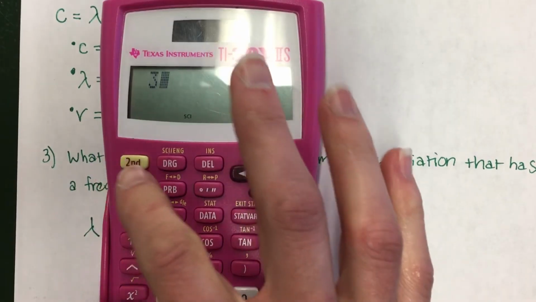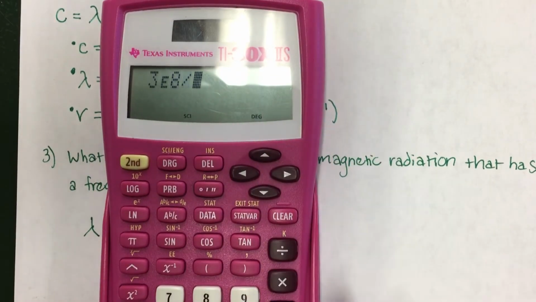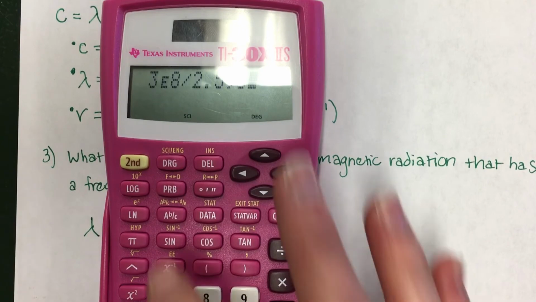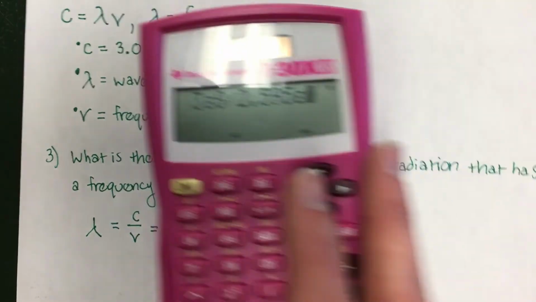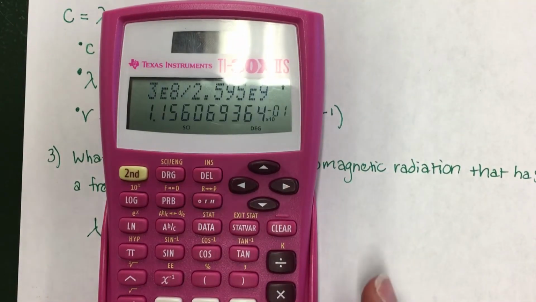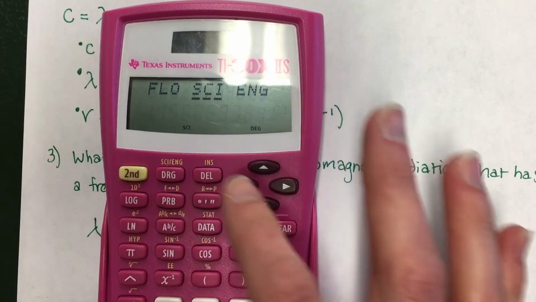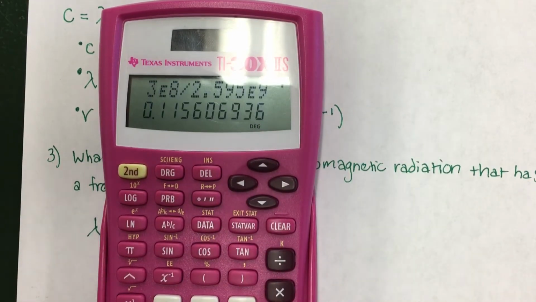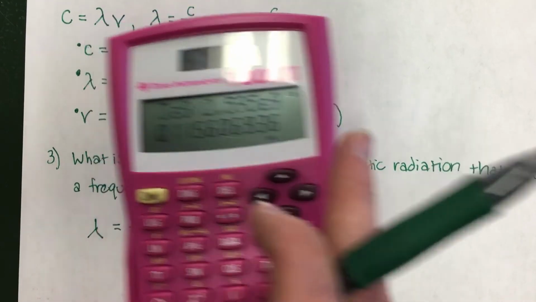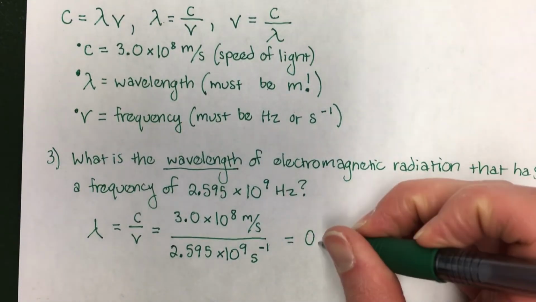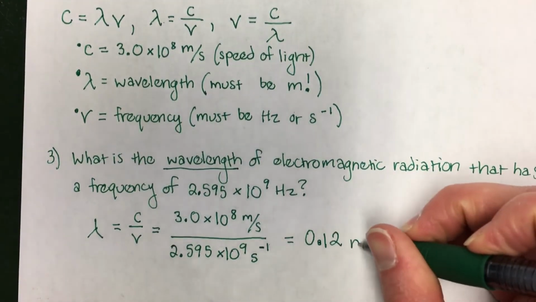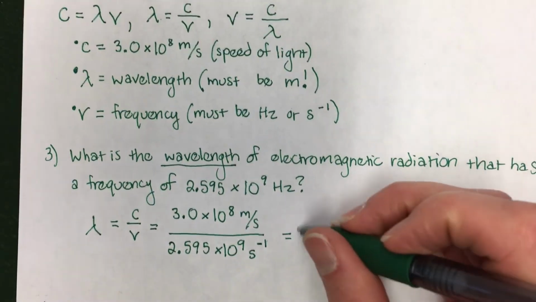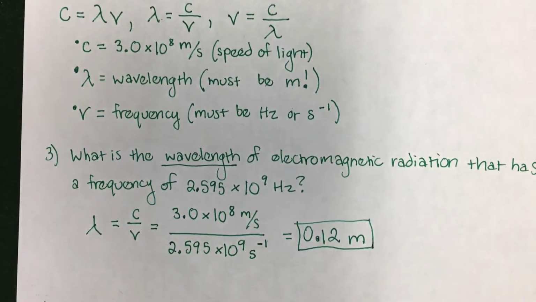I would type 3e to the 8th divided by 2.595 e to the 9th. And I get, and I'm going to get out of scientific notation, I get 0.12. I'm going to round that a little bit. Meters. Okay, so that's the wavelength of this radiation.